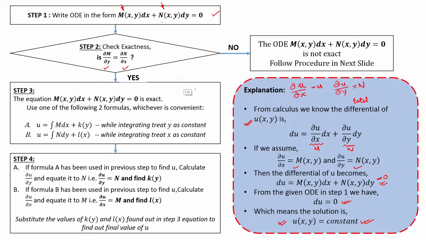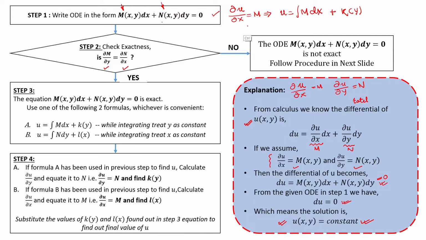For this we can take the partial differential equation del u by del x equal to M, and from there we can write u equal to integration of M dx plus a constant k, which is a function of y.